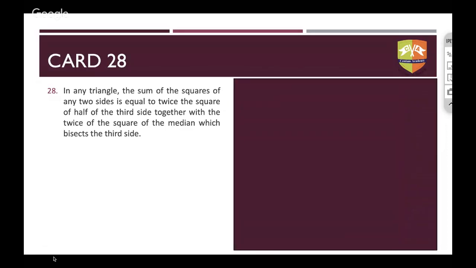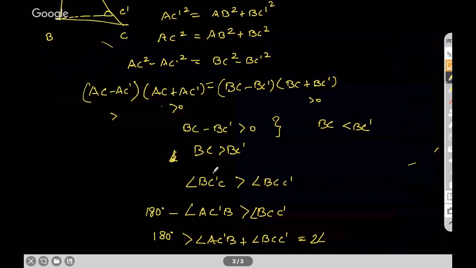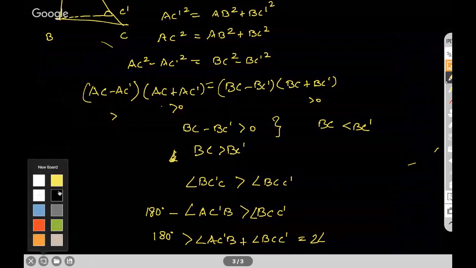Let me just try and prove using our conventional method. The converse is very simple. It didn't work, so let me try this. What Mehul was suggesting is you have to draw another triangle. That's the conventional method. Since it's a board exam, let's not try the other.